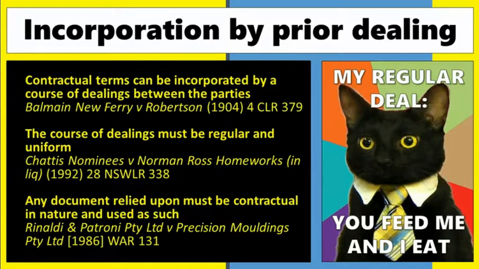And in the slightly famous and mildly comical case of Balmain New Ferry and Robinson, you had a person who used the ferry regularly, and he was very much aware that you paid a penny to get in and a penny to get out. And on one particular day, he paid the penny, got in, but he'd missed the boat, and so he tried to argue that he wasn't liable to pay the penny to get out.